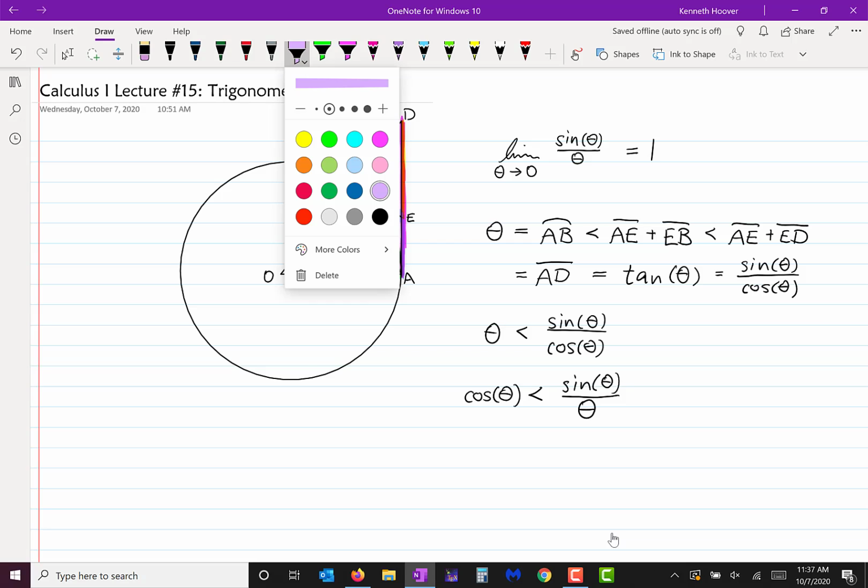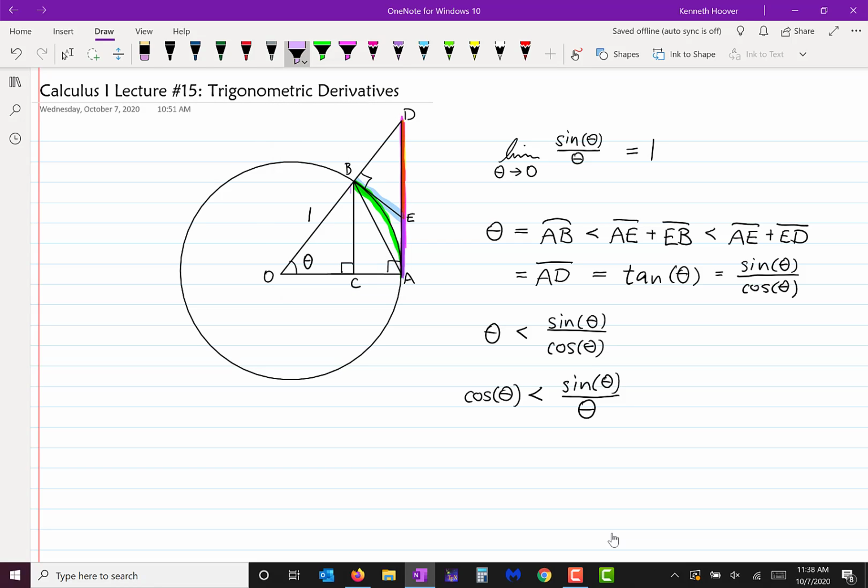We'll make this lavender. I want you to look at this line segment BC. Okay? All right. In this triangle right here, it's a right triangle, and BC is one of the legs, and the hypotenuse is 1.